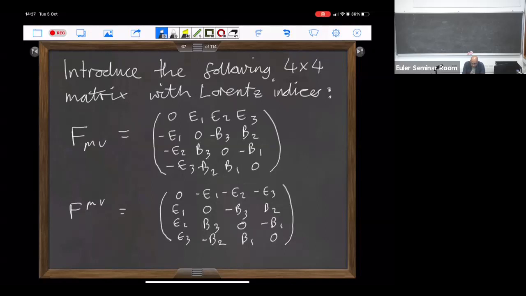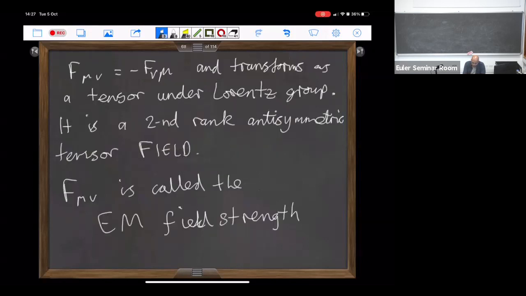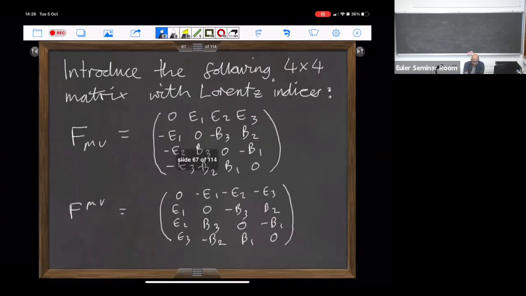You can check that F mu nu upper is the same as F mu nu lower, except that E goes to minus E. You'll notice that as matrices, these are anti-symmetric, meaning if I swap mu and nu, I get a minus sign.